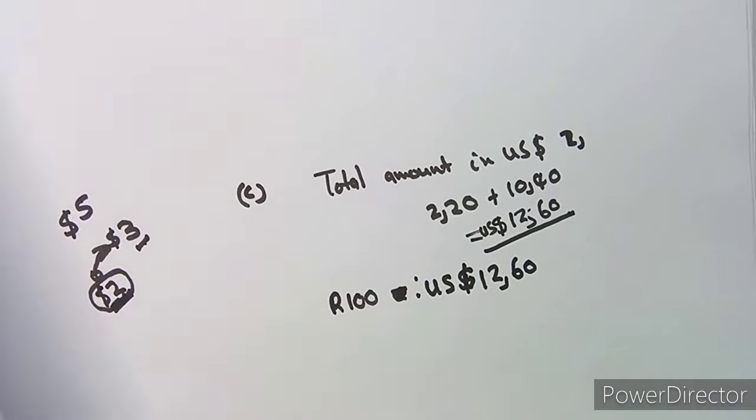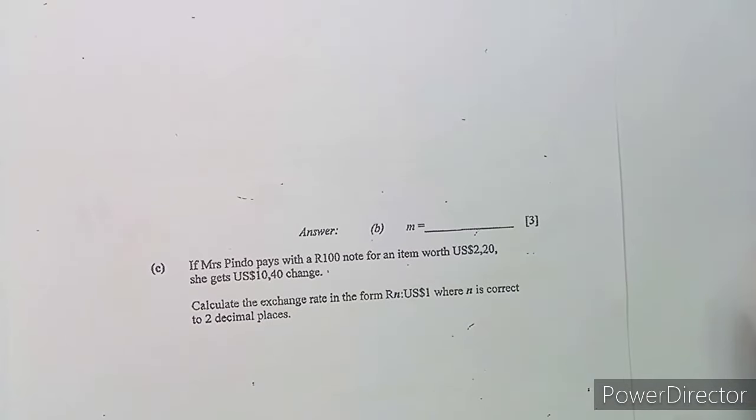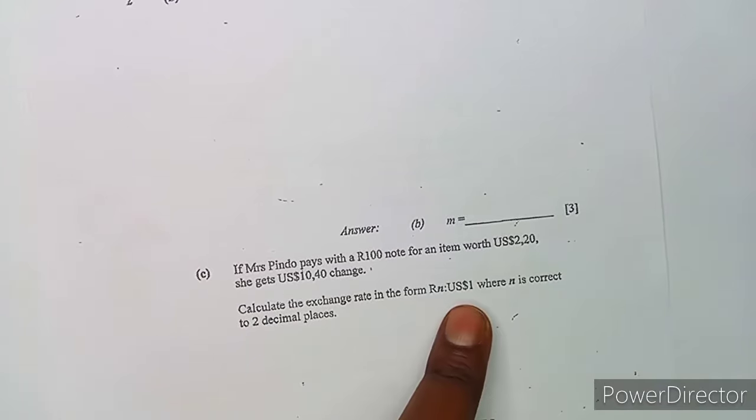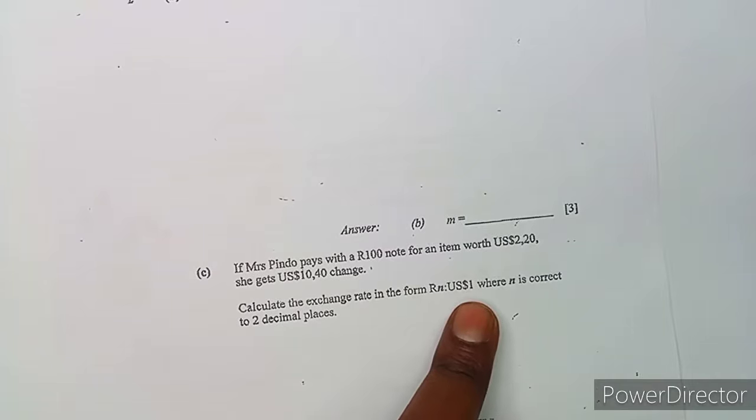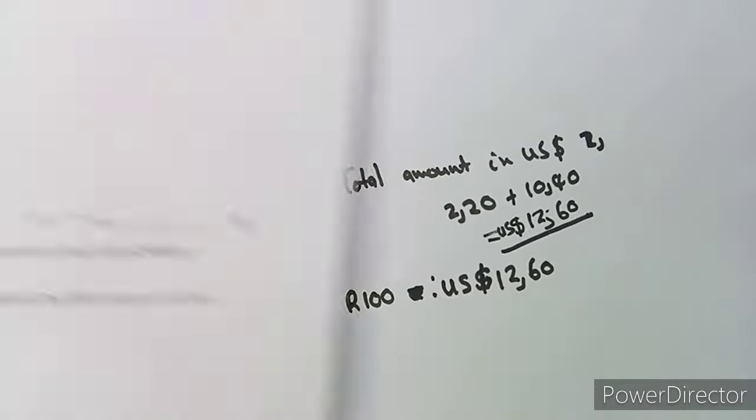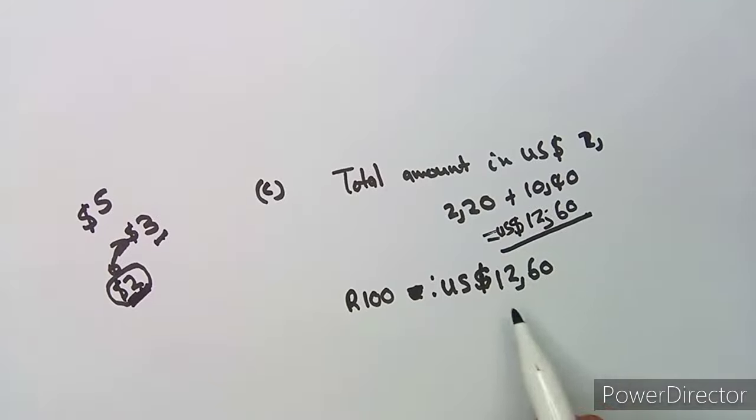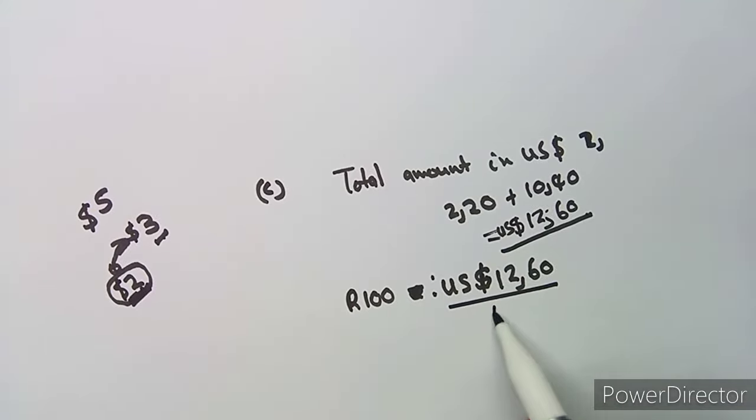All right. So in this case, for you to obtain a 1, because this is a ratio that you're given, remember that if you are working with a ratio, for you to obtain a 1 here, you have to divide by everything that is on that side, which means you are dividing by 12,6. It's actually 12,60, but just 12,6 is what you're using.